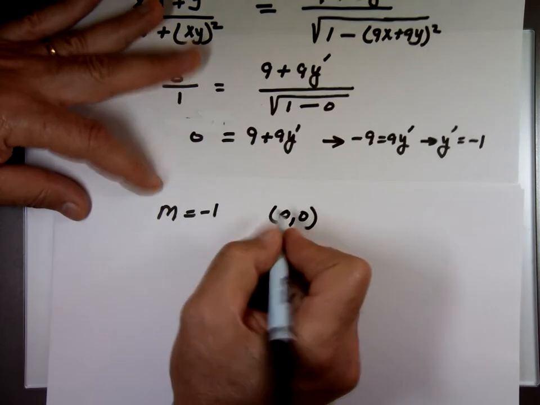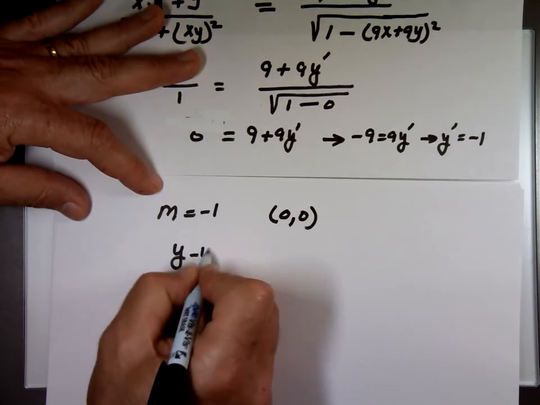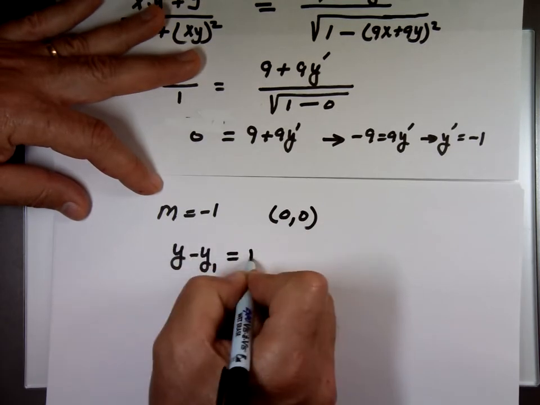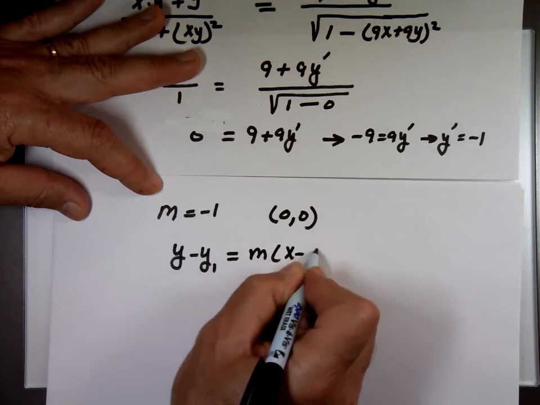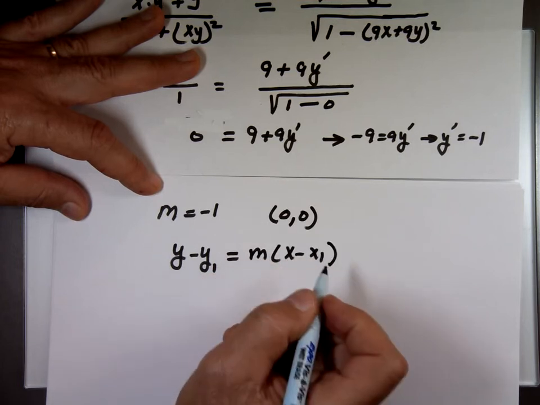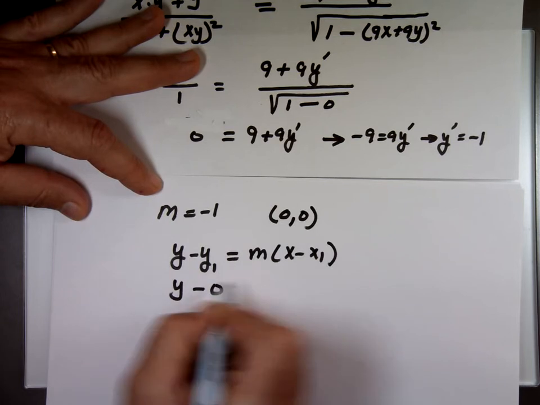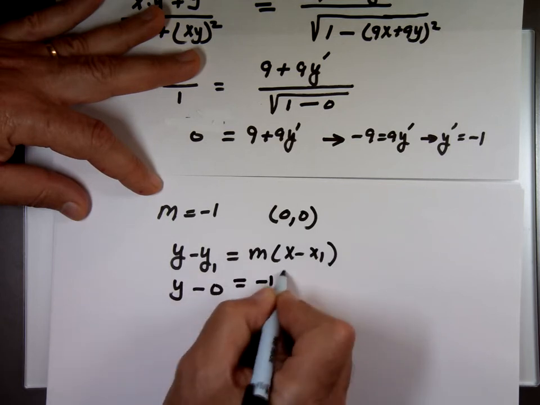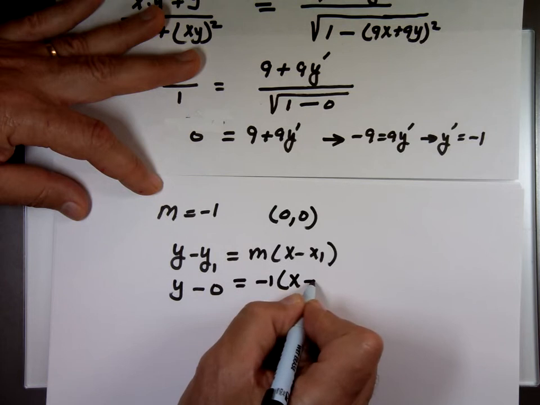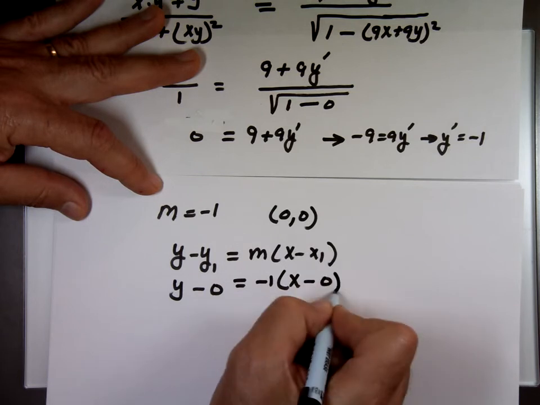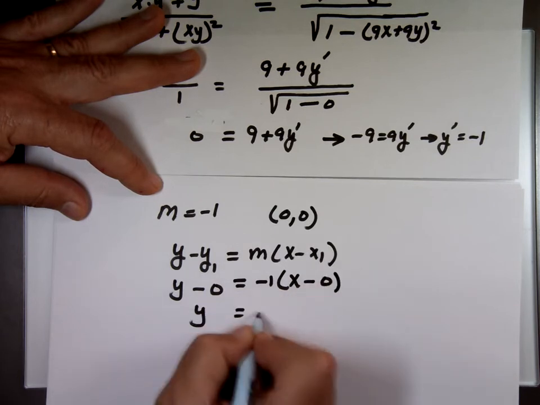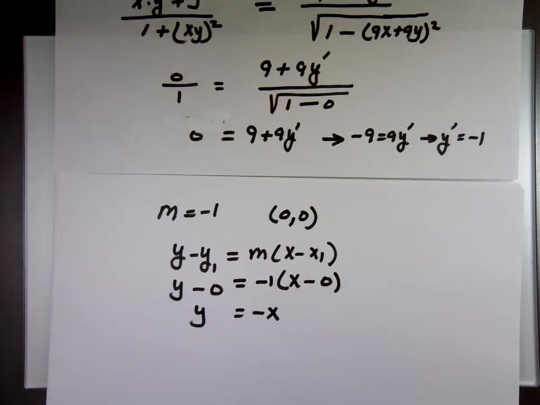Y minus y sub 1 equals m times x minus x sub 1. What is y sub 1? 0. Negative 1 times x minus 0. Y equals negative x. So if they're looking for the equation of the tangent line, try minus x and see if it's correct.